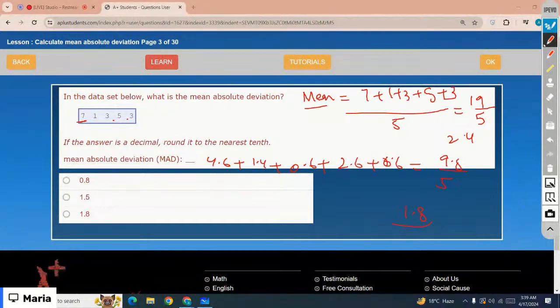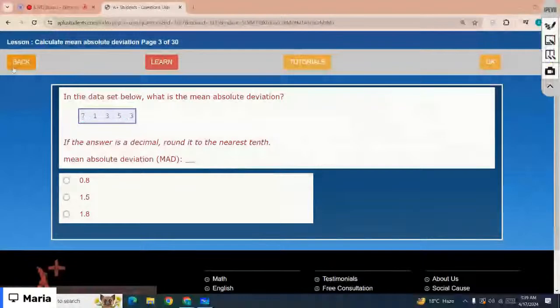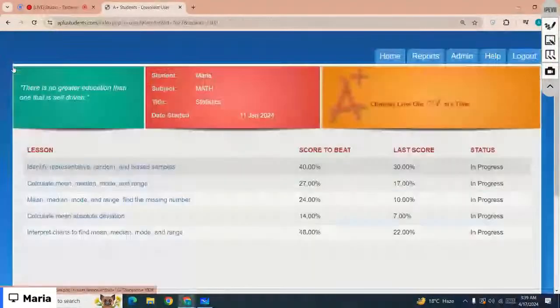Okay, Via, you can complete the lesson by yourself later today. We were working on grade 6 math. The chapter we were working on is statistics.